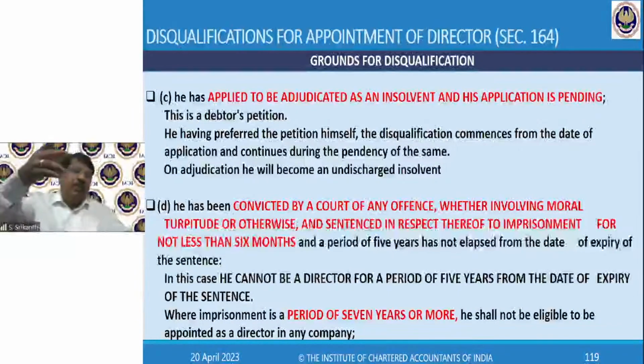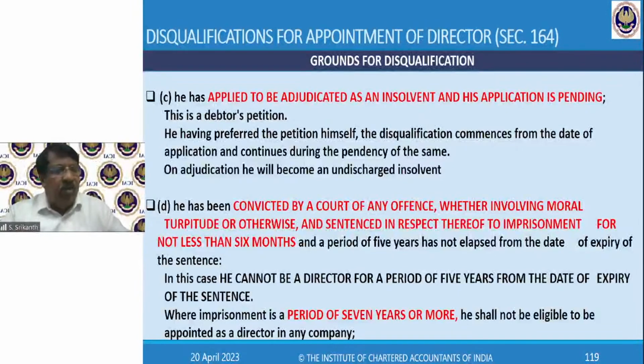For example, Mr. A is convicted by a court of some offense for 2 years. So, his imprisonment will start, more than 6 months. So, he is disqualified. The disqualification will continue till his sentence gets over plus 5 years. Let us say this fellow was a good boy in jail. So, 1 year over, they said, okay, you are a good boy, you go.